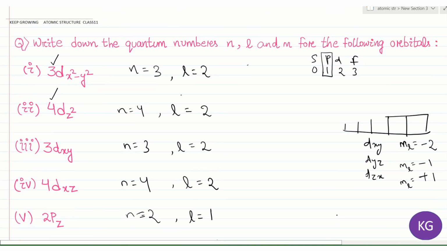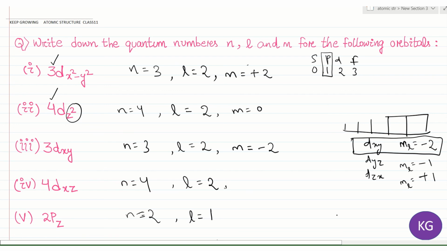Now comes the m value. For x square minus y square, this is plus 2. For z square, this is 0. For xy, this is minus 2.